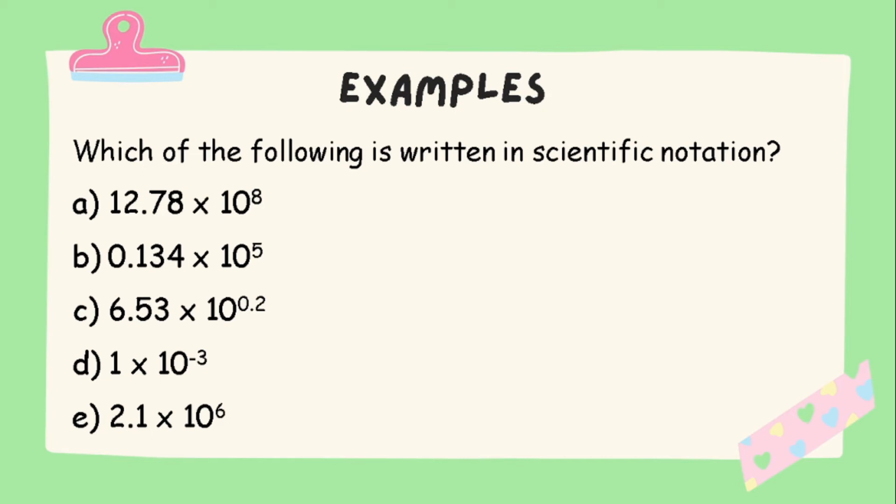Which of the following is written in scientific notation? Letter A, 12.78 times 10 raised to 8. Letter B, 0.134 times 10 raised to 5. Letter C, 6.53 times 10 raised to 0.2. Letter D, 1 times 10 raised to negative 3.